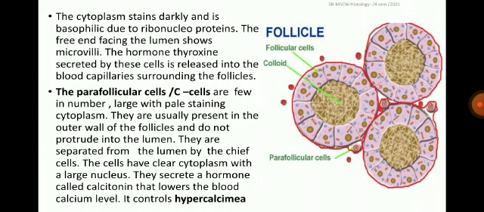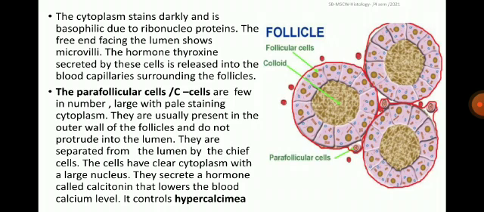The cytoplasm stains darkly and is basophilic due to ribonucleoproteins. The free end facing the lumen shows microvilli. So the hormone thyroxine secreted by these cells is released into the surrounding blood capillaries which surround the follicles.